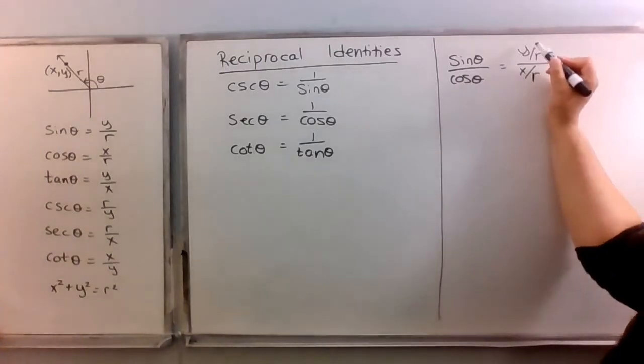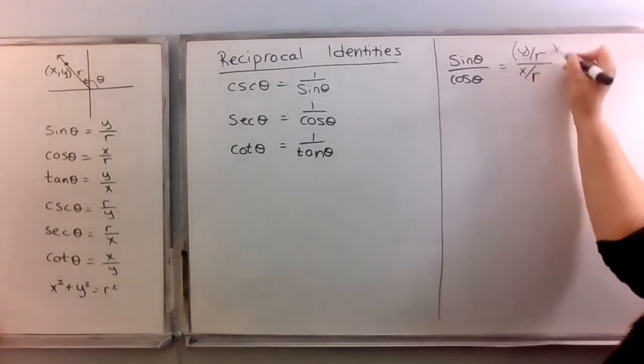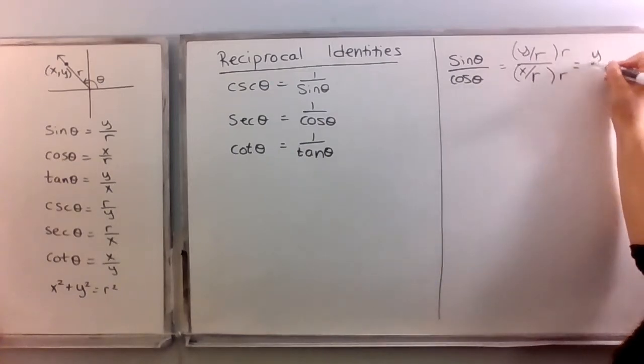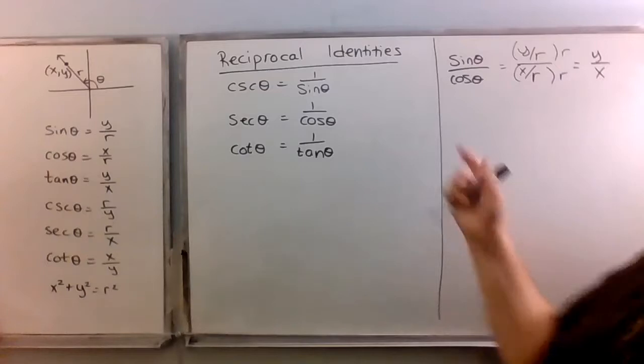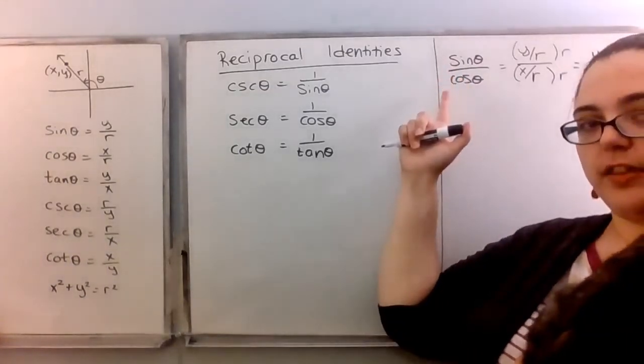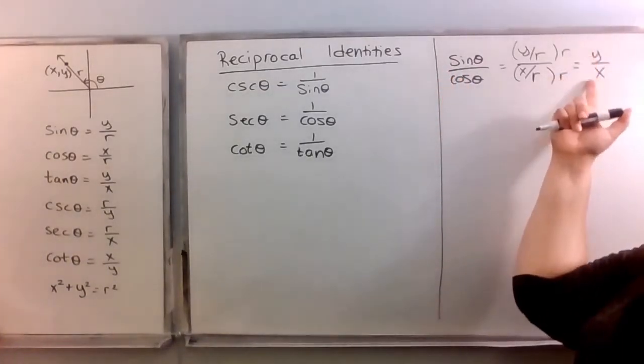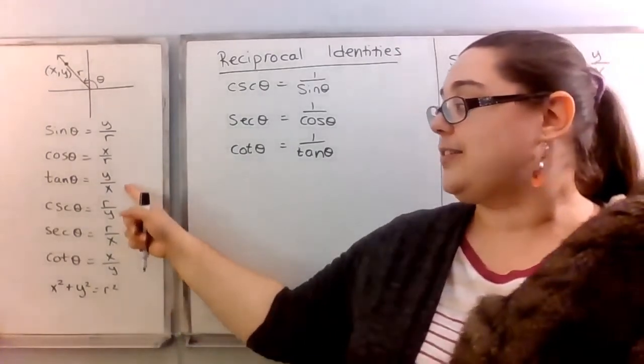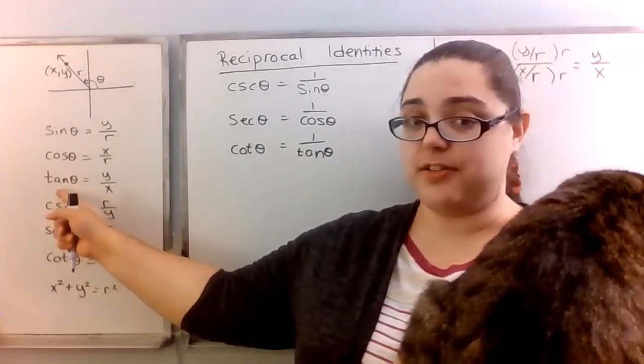Now I can multiply the top and bottom by r, and that will give me y over x. So sine theta over cosine theta is the same as y over x. But y over x was the same as tangent.